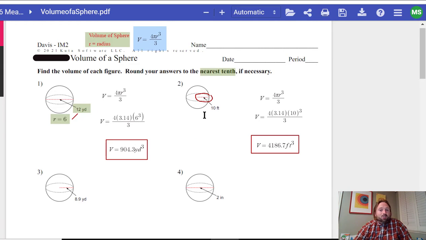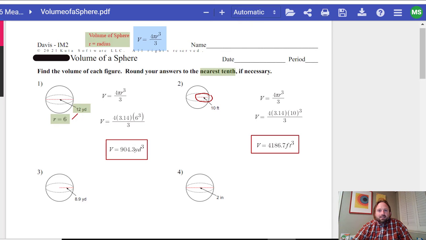If we look at number 2 right here, they give us the radius of 10 feet. So if we plug this in, it's going to be 4 times pi times 10 cubed, which is 1,000, divided by 3. Just use your handy dandy calculator.